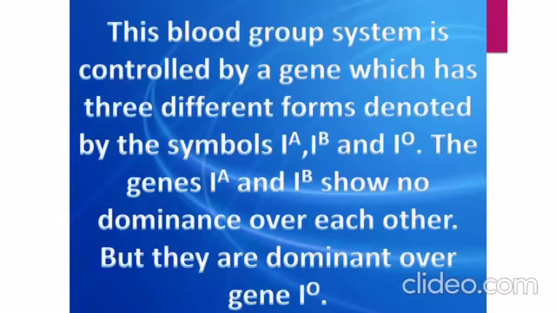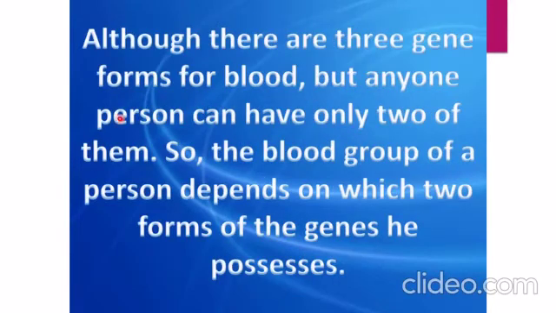So gene IO is recessive in nature. Although there are three gene forms for blood, any one person can have only two of them. So the blood group of a person depends on which two forms of the gene he possesses.